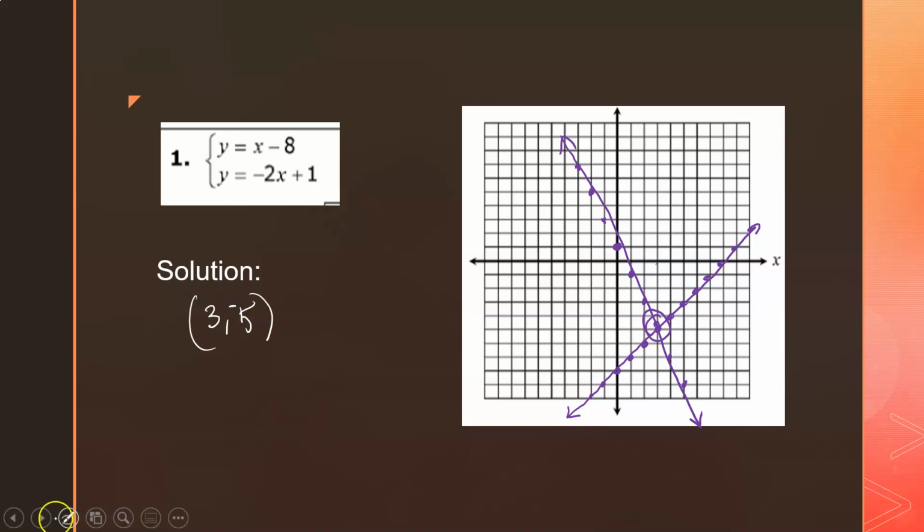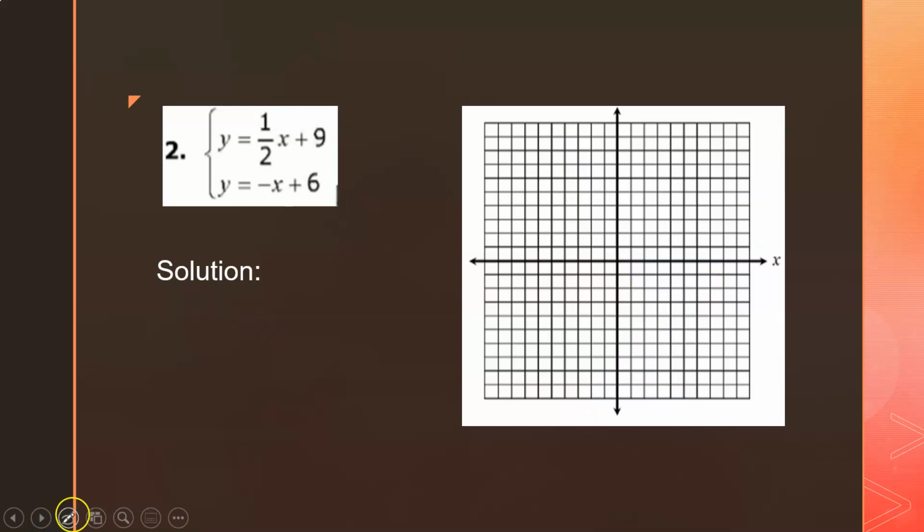All right, let's try the next one. They're both in slope-intercept form, so I'm going to graph the first one, starting at 9 on the y-axis. My slope is positive 1/2. And then I'm going to graph the other one.